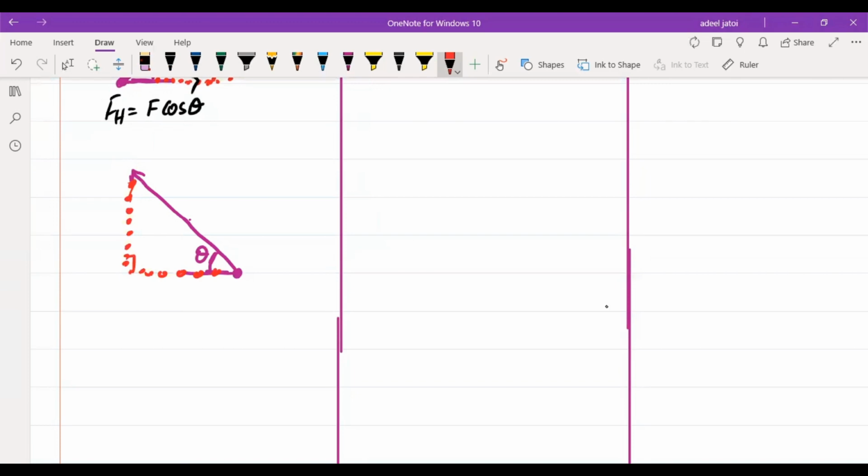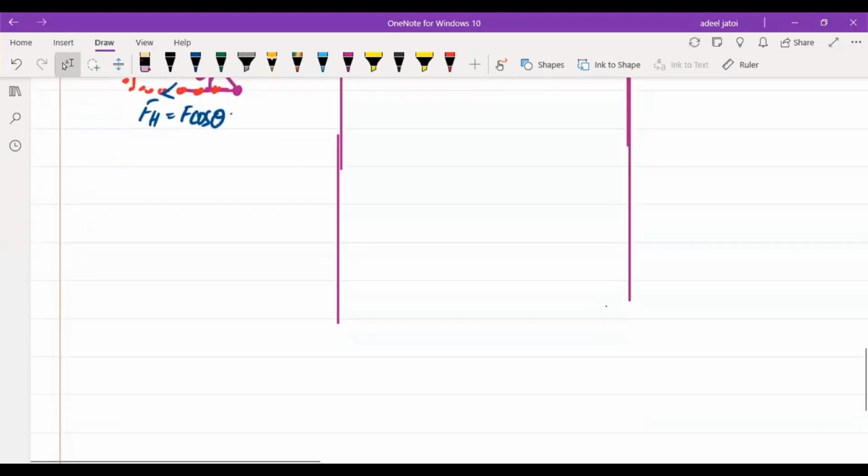Since this becomes your F force and the theta is there as well, directly we can write this as force vertical, which is F sine theta, and force horizontal, which is F cos theta. This creates 90-degree and the direction goes on the left and the direction goes towards right.